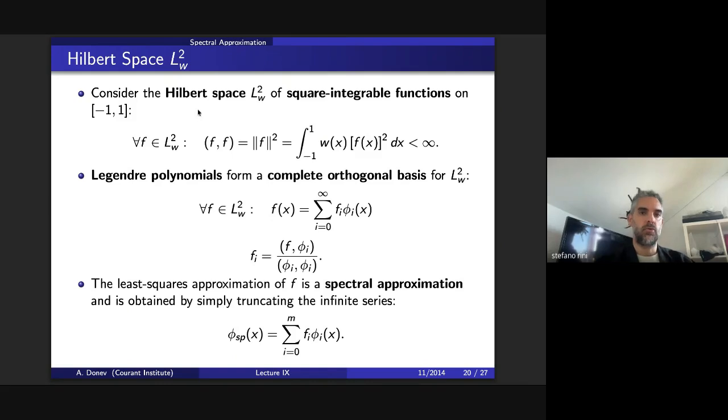So the correct way to do this is to define this Hilbert space. It's a space which is equipped with an inner product and over the L2, right? So we take square integrable functions with the weighting function omega, and we look at all possible functions that we can integrate with this integral, and this omega of x is the weighting function that we have introduced before.